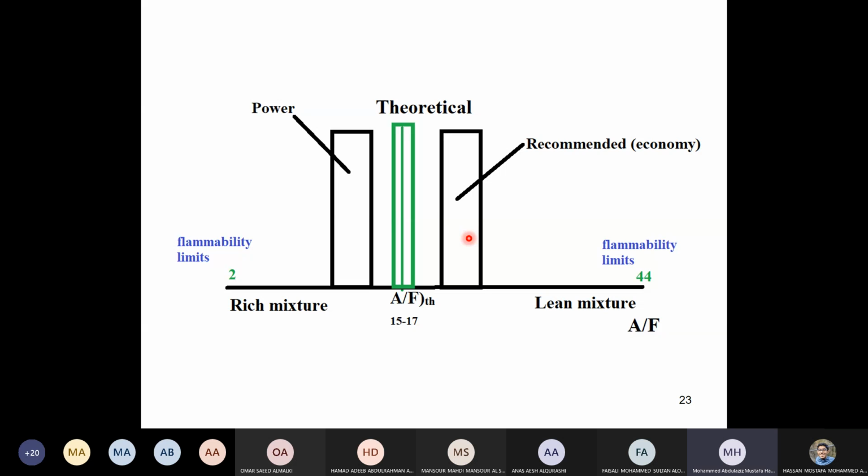It is about how you utilize the volume of the cylinder. If you put in 100% air, or just a small amount of fuel, only that amount of fuel will burn with the air. But if you put in this amount here, you make sure more fuel is burned, and therefore you get a higher temperature and then more power. Okay, Faisal? Clear, thank you.